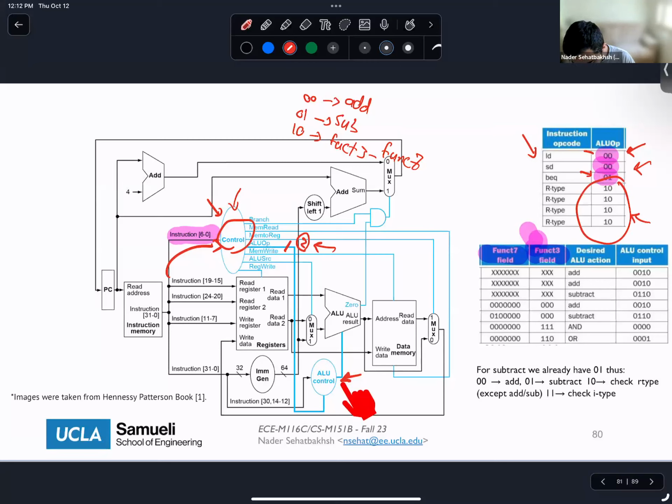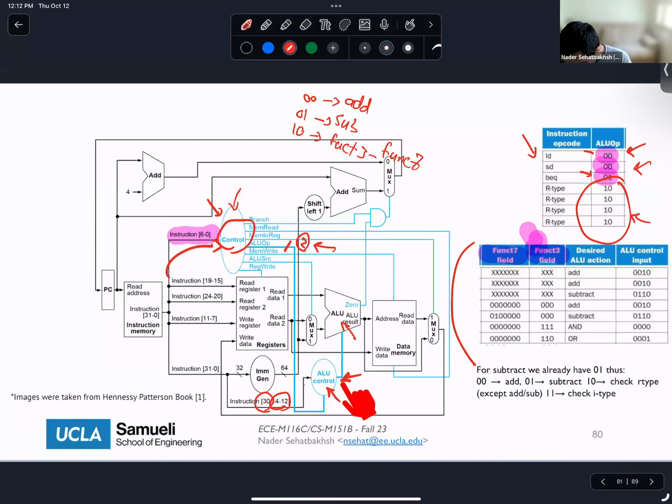Then I'm going to send this 2-bit value to an additional controller called ALU control. This is a separate logical unit. This logical unit then uses this table. As you can see, now it gets the func3 and func7 and makes a decision on exactly what to send to the ALU.